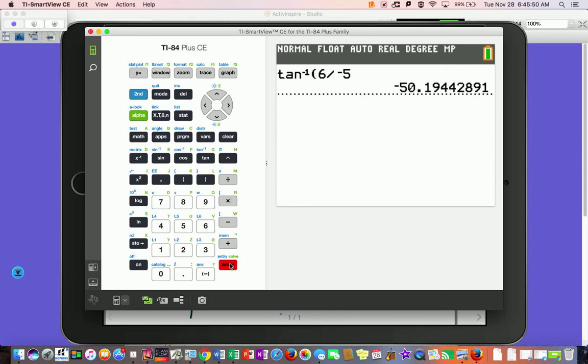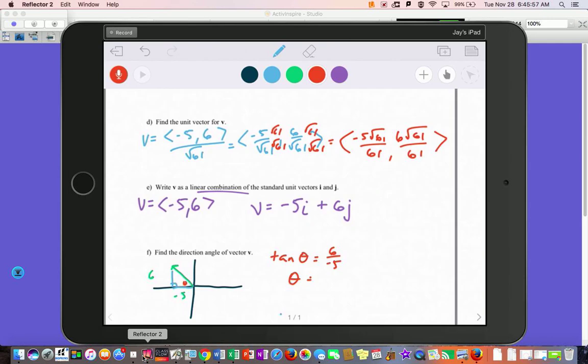Let's just call it negative 50.2. But my vector is in quadrant 2. So it's pointing all the way over there. Clearly negative 50 degrees is not there. I have to be between 90 and 180.